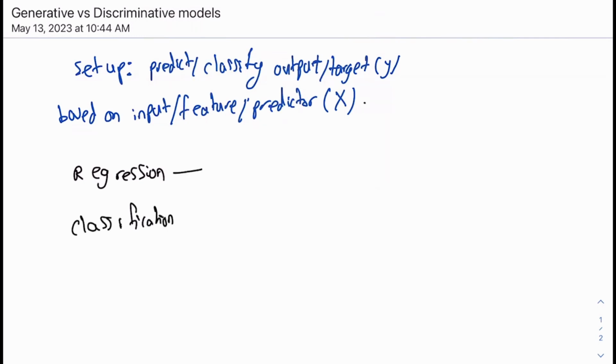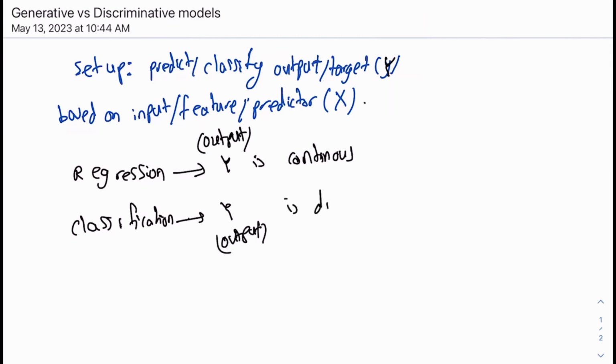Regression is when the output Y is continuous, and classification is when the output is discrete. That's the majority of problems we are solving, about 80% in machine learning, regression and classification type problems. We have unsupervised learning too, but this is the majority of problems in the supervised learning domain.